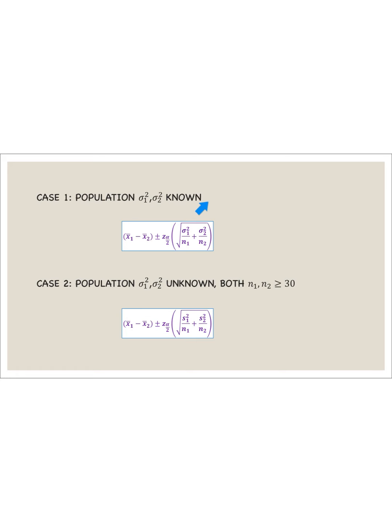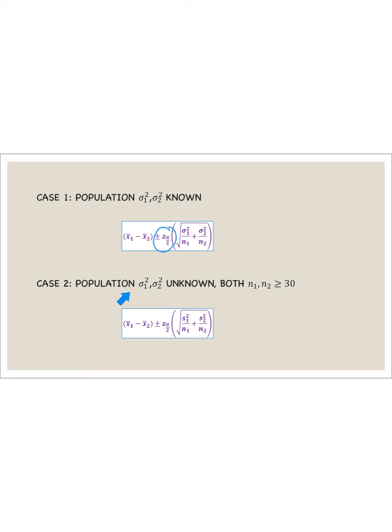We know the population variance or population standard deviation for both populations. So the formula that will be used is x bar 1 minus x bar 2 plus minus z alpha over 2 times the square root of sigma 1 square over n1 plus sigma 2 square over n2. Sebab kita tahu population variance ataupun population standard deviation, that's why kita akan gunakan z kat sini. Itu case yang pertama.